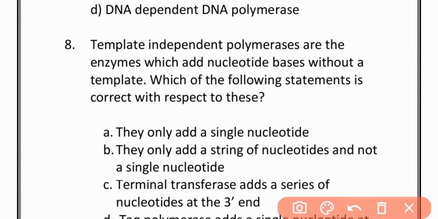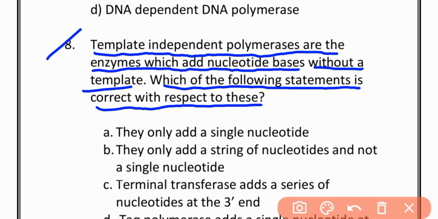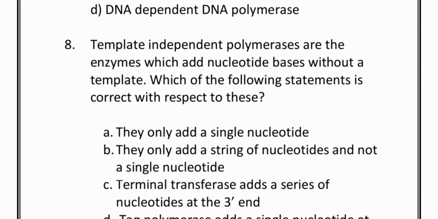MCQ number 8. Template independent polymerases are the enzymes which add nucleotide bases without a template. Which of the following statements is correct with respect to these? Option 1 is they only add a single nucleotide. Option B is they only add a string of nucleotides and not a single nucleotide.